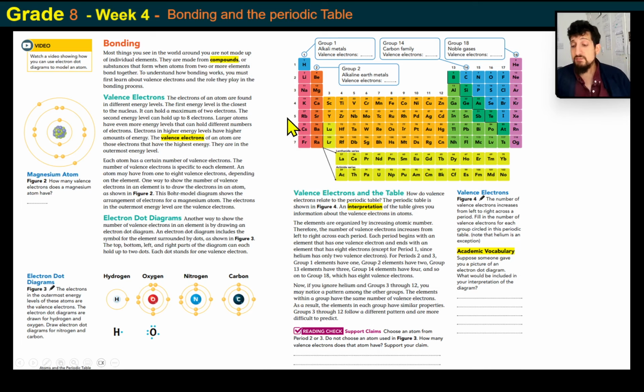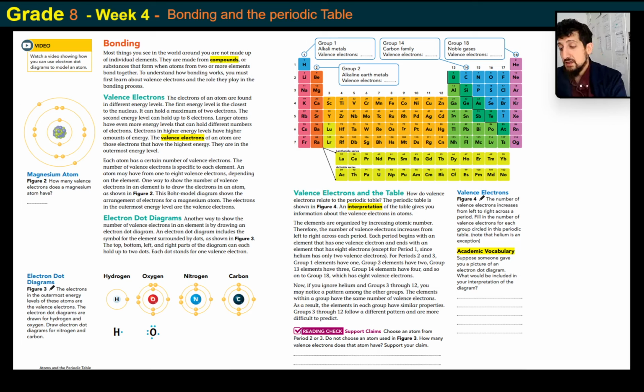Now, what causes an element to bond with another element? Well, simply put, the reason is, drum roll, electrons. Elements want to have complete outer shells. If they don't have complete outer shells, they will do everything in their power to have a complete outer shell. Look at magnesium over here.